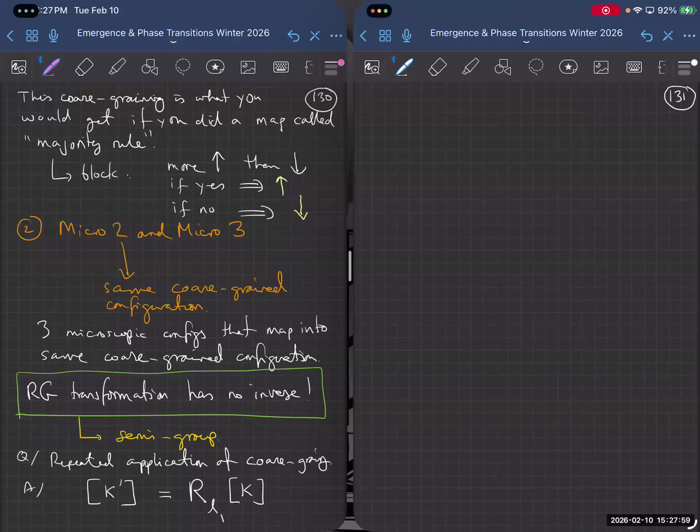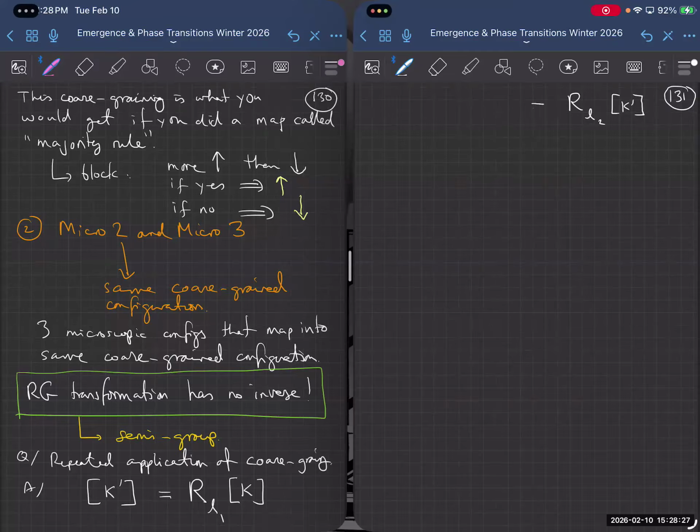Then I'm going to say, okay, now let's take that K prime, and act on it by another renormalization group transformation of scale L2. And we're not asking how do we do the calculation, how do we do the coarse graining, how do we construct the renormalization group transformation. We're not asking that yet. All we're asking is, we know conceptually what it means, so let's ask what happens when we do that.